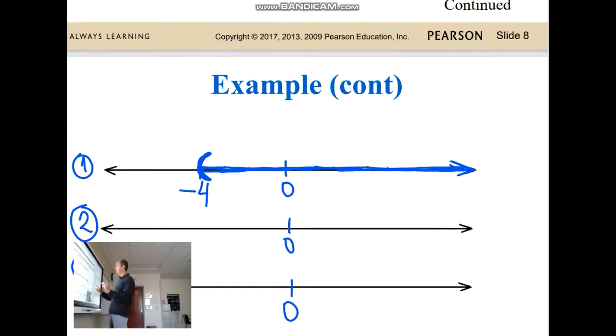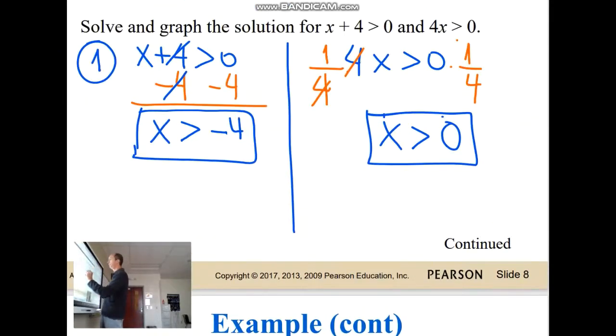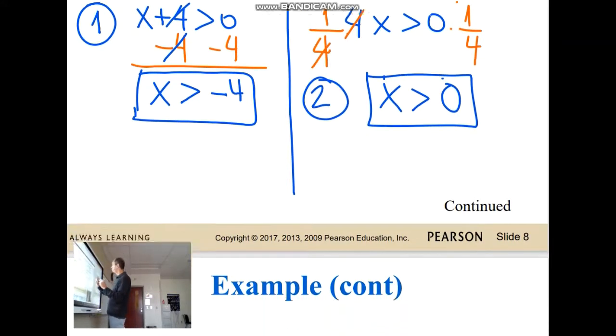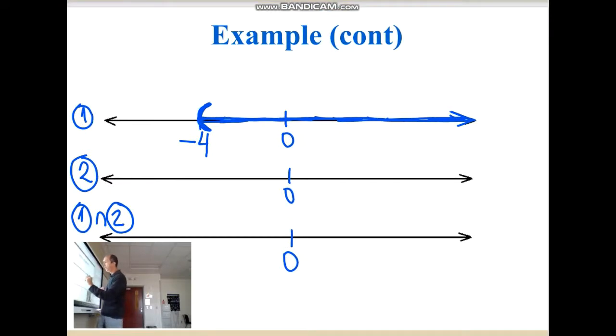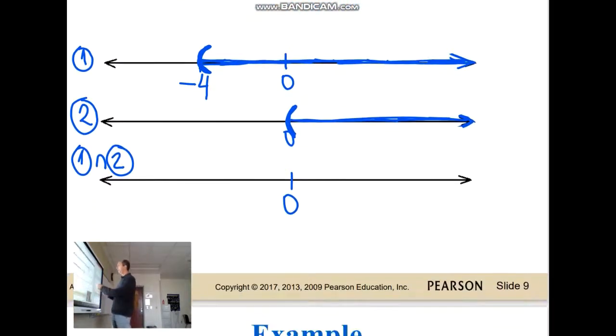Now let's check inequality number 2. This one. x is greater than 0. Represent here x greater than 0. Everything to the right hand side of 0 is included, but 0 is not included. We want the intersection. The number 1 here, intersection with number 2.